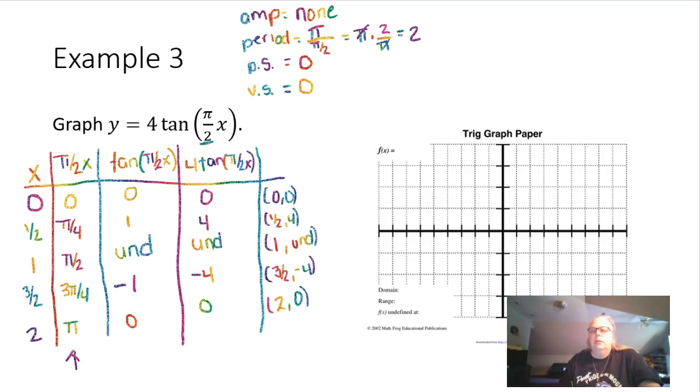Okay. We have a point at 0, 0. Okay, we can do that. We'll call this one 1. This is 2. This is 3. And this is going to be 4. All right, so at 1/2, we're going to go up 4. At positive 1, it's undefined. That means asymptote, y'all.